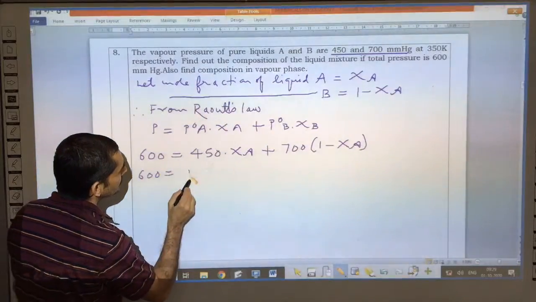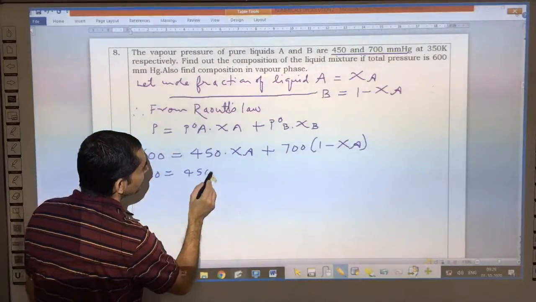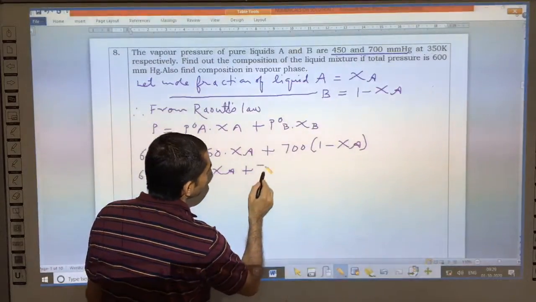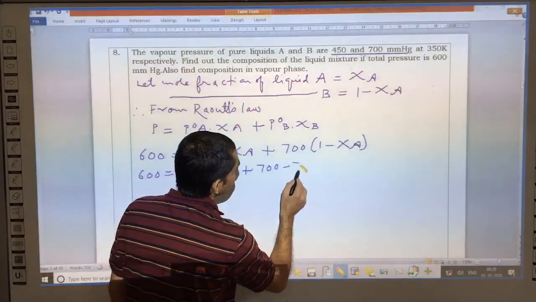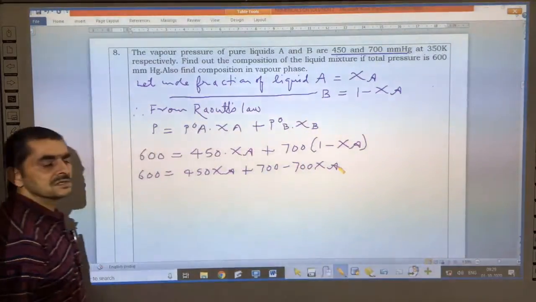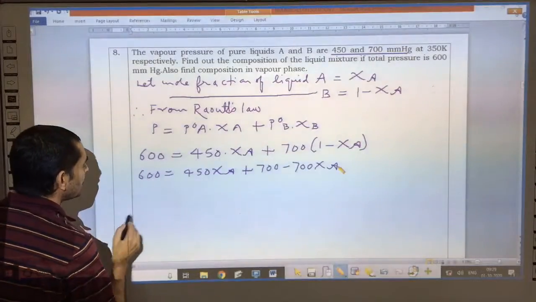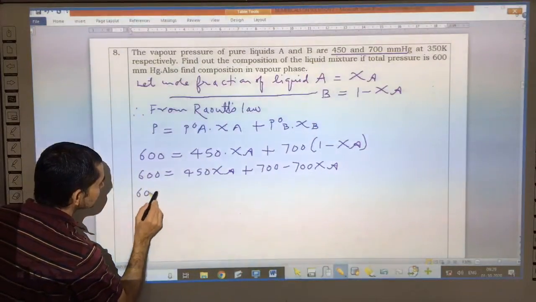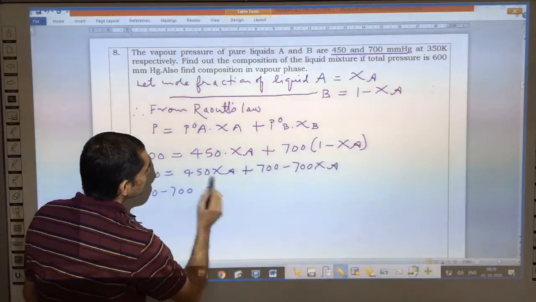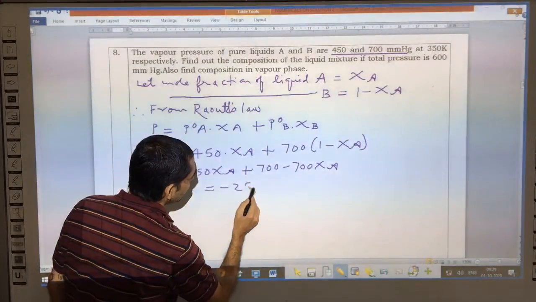600 is equal to 450 XA plus 700 minus 700 XA. Okay, solving it, 700 comes over here. So 600 minus 700 is equal to minus 250 XA.